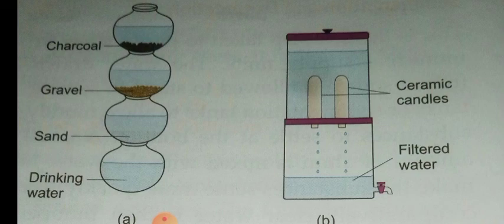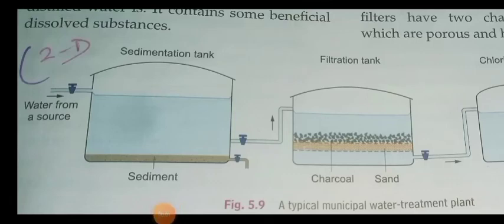Water is purified by sedimentation, decantation, filtration, chlorination and boiling. Water from the sources is normally purified by the municipality and supplied to the houses. The steps followed are sedimentation and decantation.